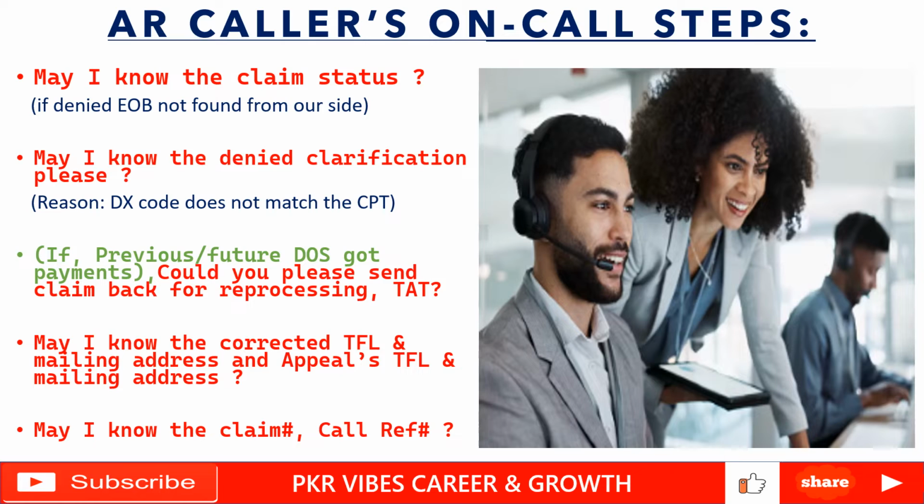At that time, the insurance representative will verify the provider details like NPI, taxonomy, and provider name. Later they will directly ask for the claim number, because you have a claim number. Sometimes they will also ask the date of service and the billed amount. If you provide these, they will look for why it was denied.